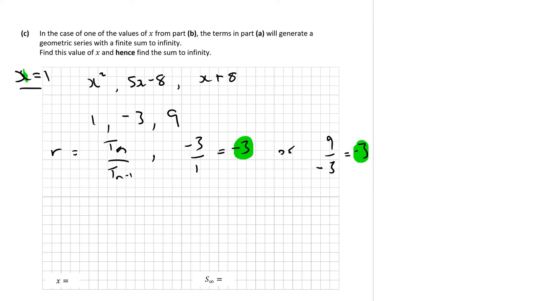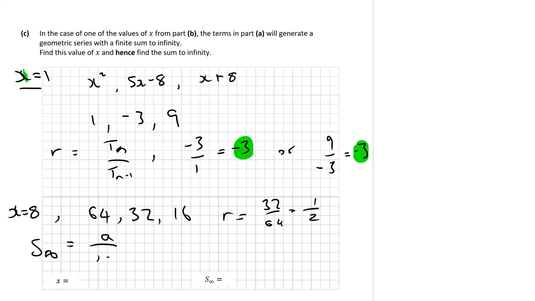When I look at the other one, it's obviously going to be x equal to 8. We're going to plug it in. We've got 64. 5 times 8 minus 8, we've got 32, and we've got 16. So the common ratio in this case is going to be 32 divided by 64, so it's a half. Here I will have a sum to infinity, and I'll just look up the tables. The sum to infinity formula is a over 1 minus r.